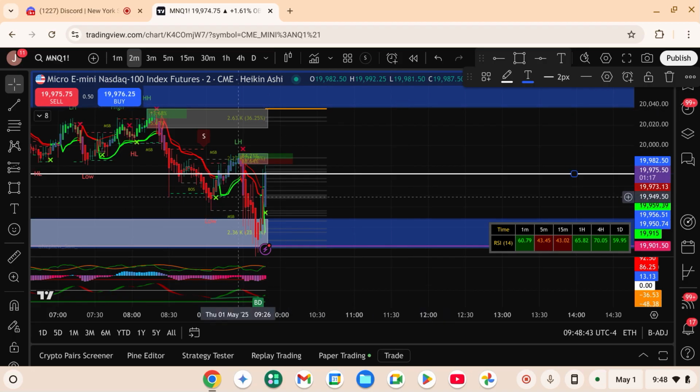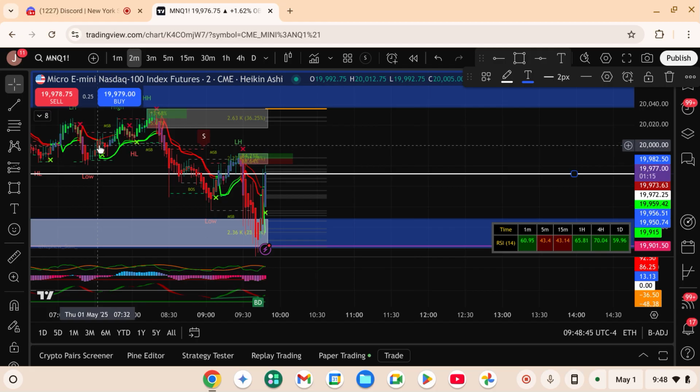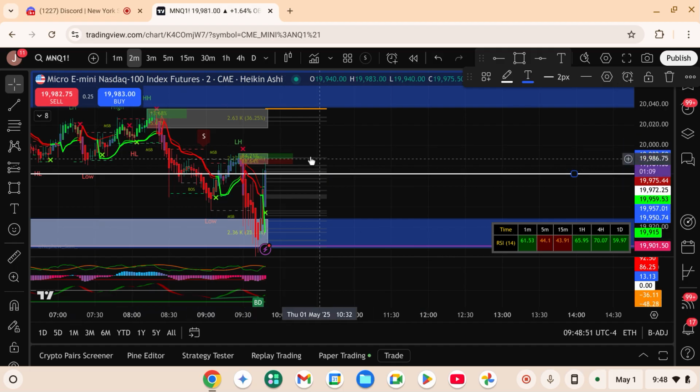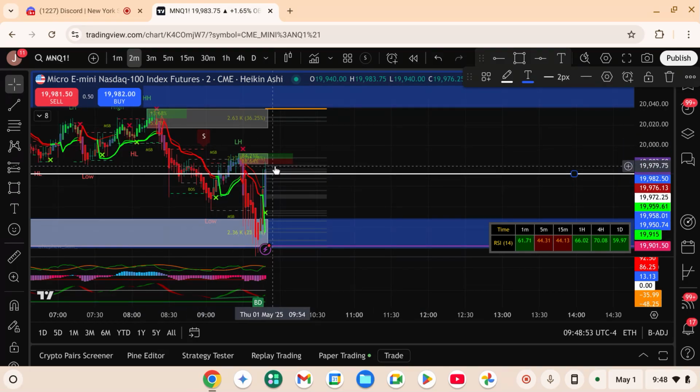Actually, I forgot we're on MNQ, so we actually got a little bit more room. So if this next candle starts to open bullish, we can do that and then hold it through news. We'll have to put our stop below this white line though.